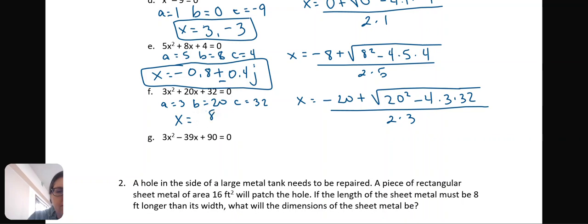So I got -8/3 for one answer. We go grab the minus. And I got -4.